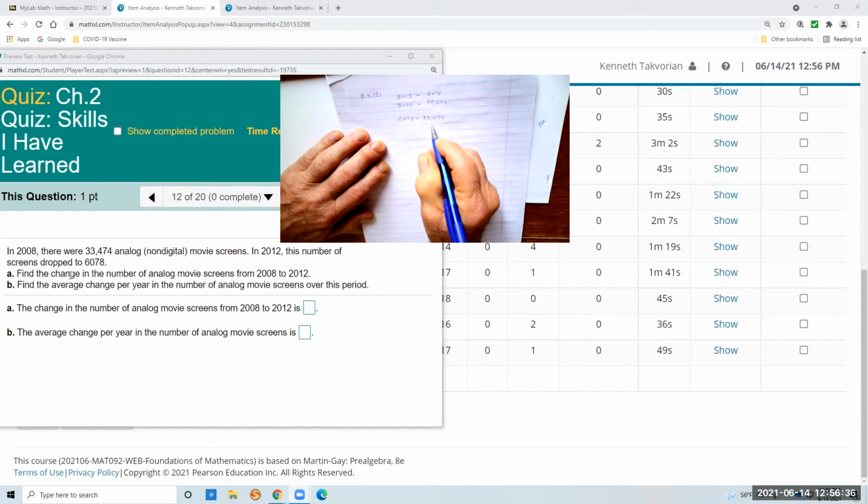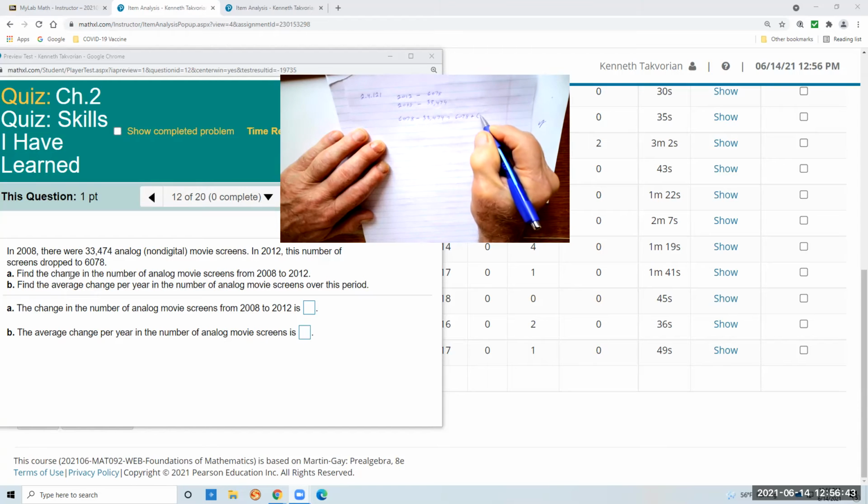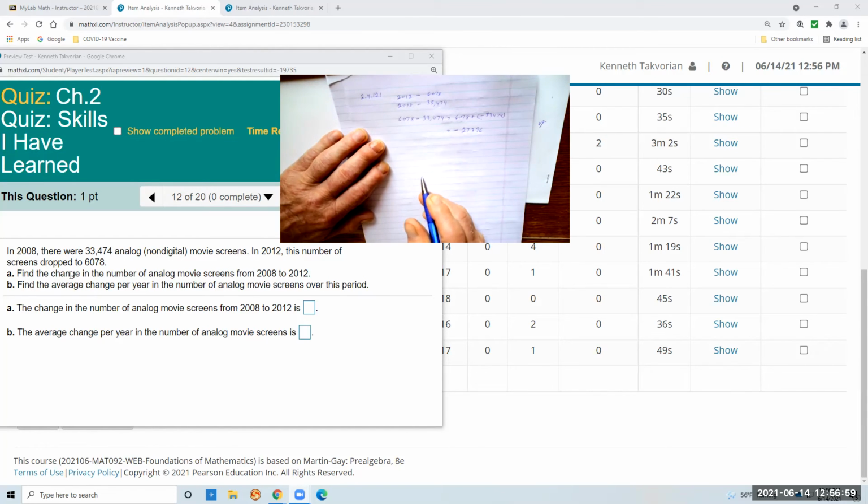And if we subtract, which is like adding an opposite, so 6078, add the negative 33,474. We're adding unlike signs, take the sign of the larger, and the answer turns out to be -27,396. Now, I didn't do it quite that way. I just said that it was a drop, so I just took the smaller number from the bigger and put a negative sign because of the drop.